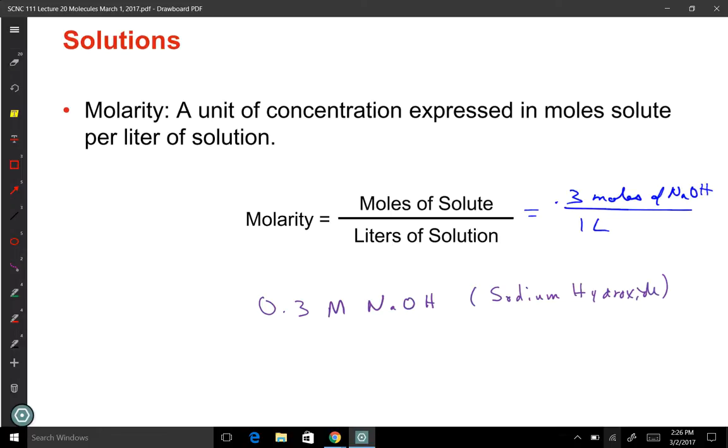So Dr. Osborne mixed this up for us so we could use it for lab, and he had to measure the mass of sodium hydroxide and measure the volume of water he put it into to get that 0.3 molar solution. So what does molar mean? It's moles per liter.